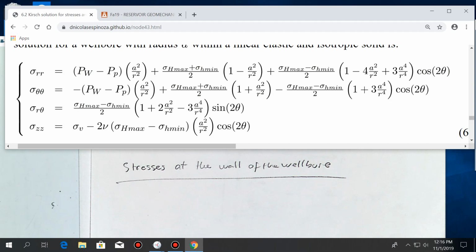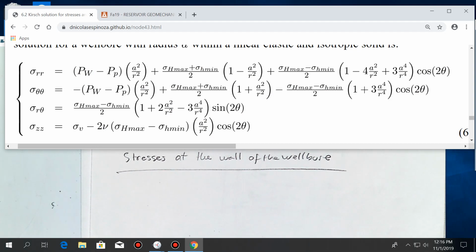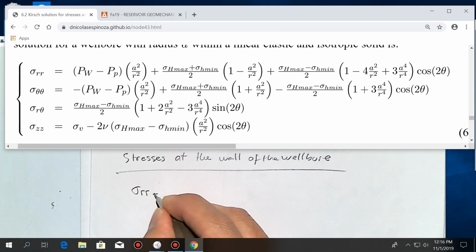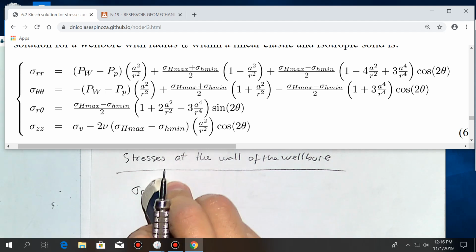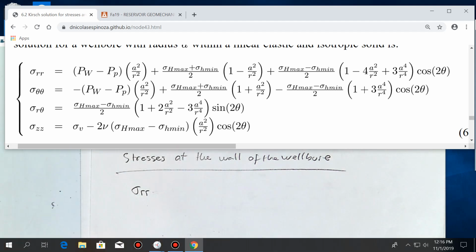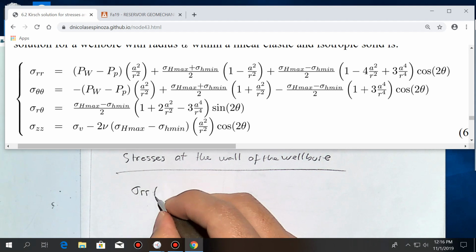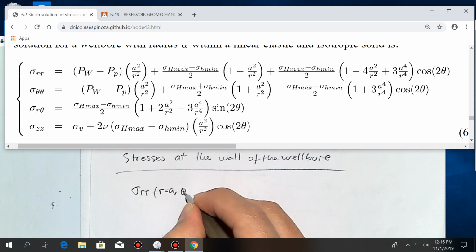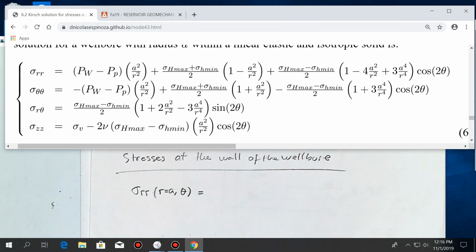The first one, for r equal to a and for any given theta. The first term, if r is equal to a, the term in parentheses, the second one is just going to be 1. You see that?